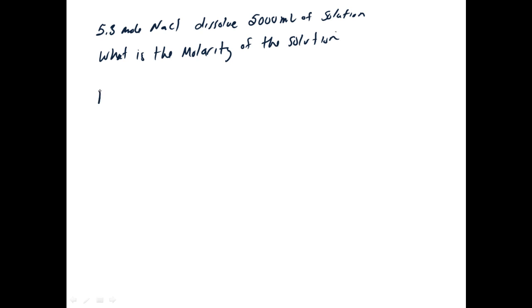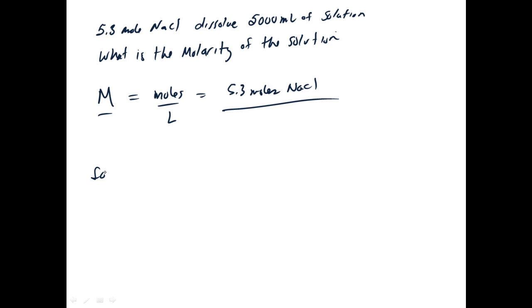So the definition of molarity is a capital M equals, sometimes underlined to emphasize that it's capital. Capital M equals moles divided by liters, and we have 5.3 moles of sodium chloride, and we're dividing that by 5,000 milliliters. Well, we need to convert that to liters, and we know that 1 milliliter is 10 to the negative third liters.